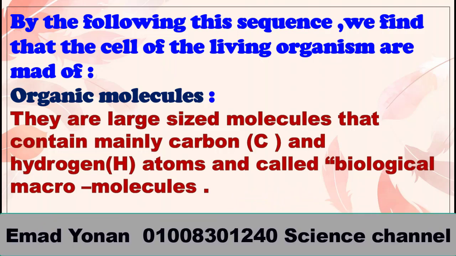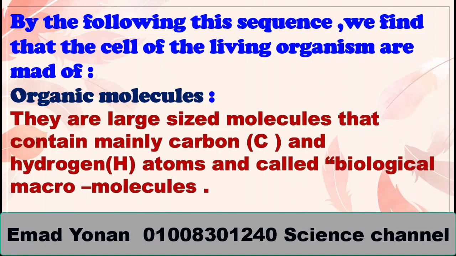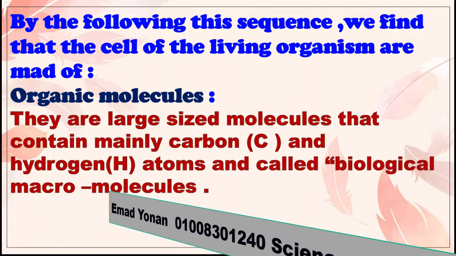So biological macromolecules must contain carbon mainly and must exist in living organisms. Not every molecule containing carbon is called an organic molecule. Carbon dioxide contains carbon but doesn't enter the structure of living organisms, so it isn't called an organic molecule.